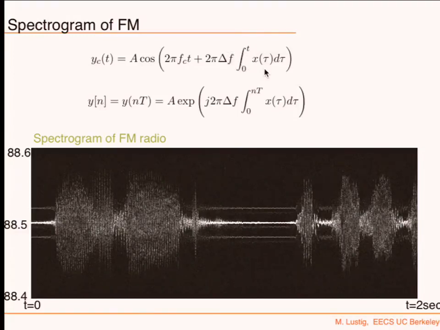That will be the frequency. Okay? The derivative, this is the phase. The derivative of the phase is frequency. The derivative of the phase in this case will be 2 pi delta f times x, right? So x times delta f will be the changes in frequency. Right? Derivative of phase is frequency. Of a cosine, 2 pi f t is the phase.